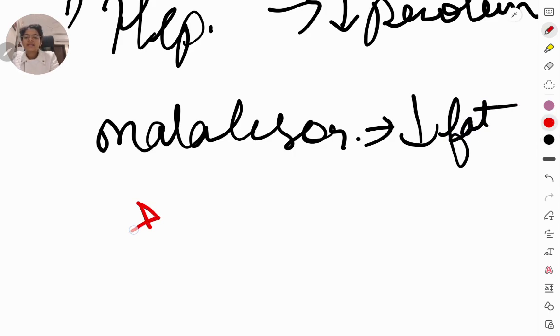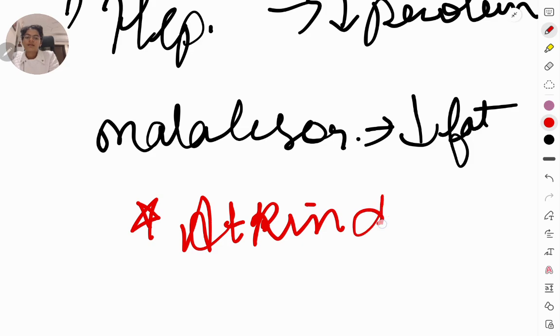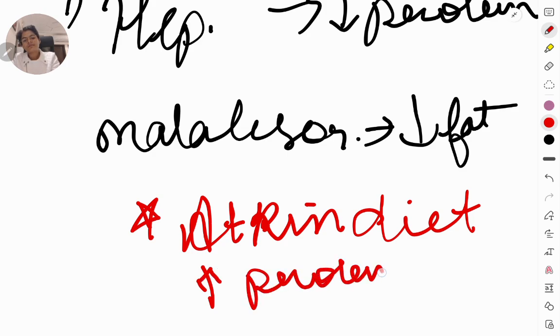Then comes the Atkins diet, I meant to say. Atkins diet is having more protein and fat. Why is it such?